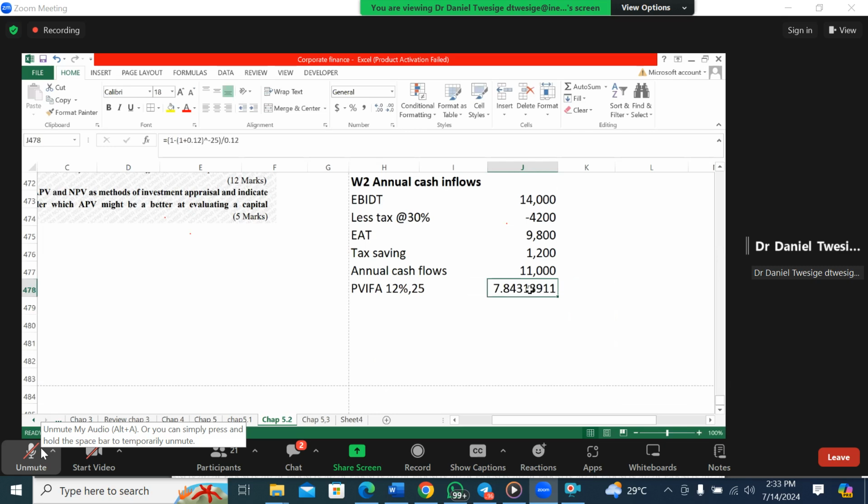That's the annuity factor. They said 2 decimal points. So what will be the present value of the cash flows?